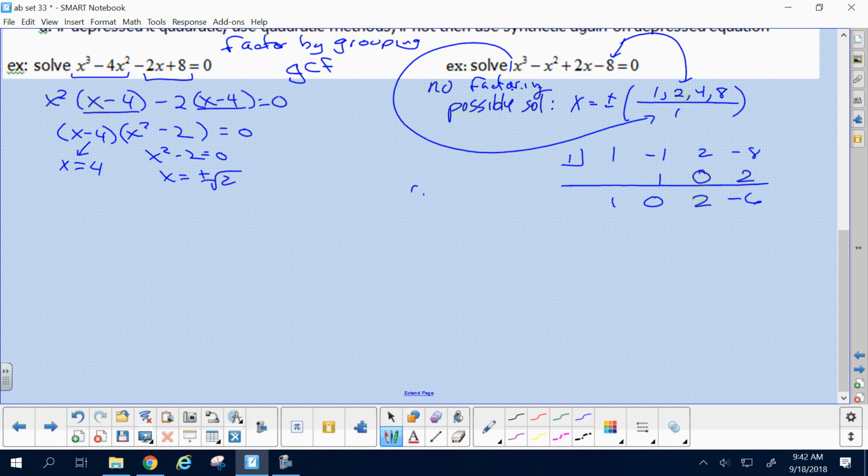No, we're looking for a case where the remainder or the last number is 0. So that's a no. However, I do know that a cubic should eventually end up in positive territory. So I'm going to try 2. Try 2 on your own and see if we get a bingo.